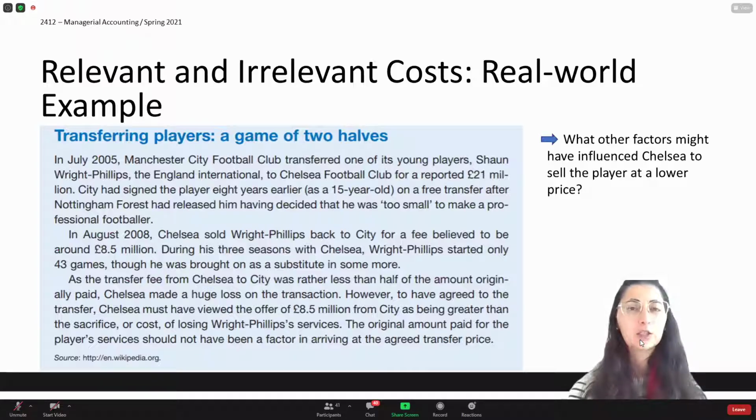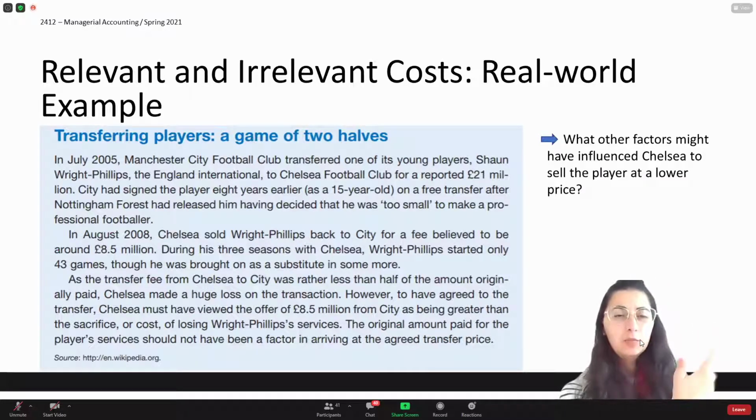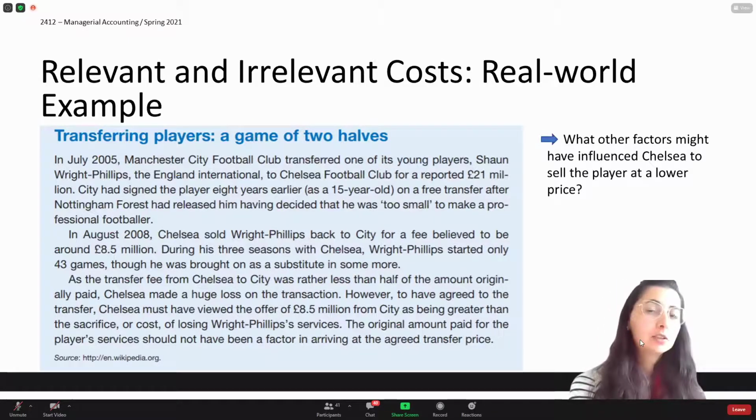Okay, amortization and depreciation do not involve cash flow. If you remember the three conditions for relevant cost, one of them is to change cash flow. Although this might be interesting, if we register the player as an asset and we depreciate the player, the value of the asset may not be a loss.